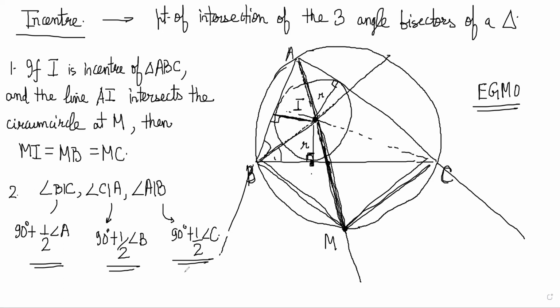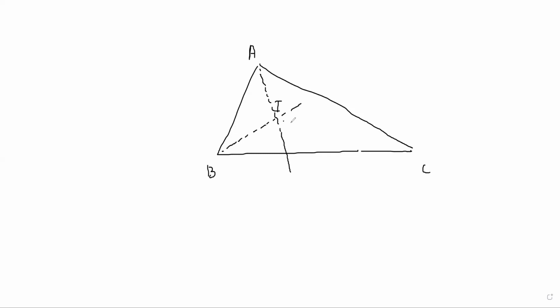So I'll just draw a different figure here. Let's say we have a figure like this, and I have drawn angle bisectors. This is my incenter, this is A, this is B, this is C. And if I join angle bisectors, obviously this is B by 2 and this is C by 2.